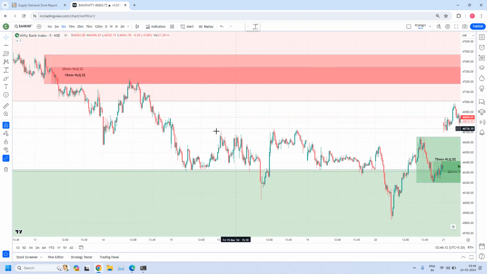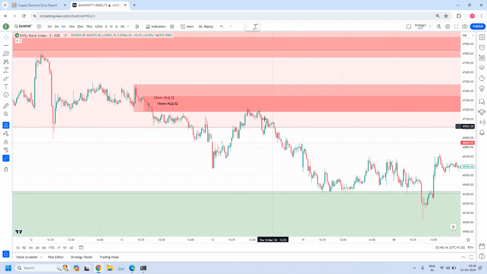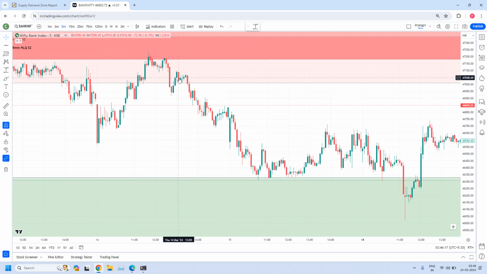So somewhere in this area. Yeah, 14.3, 35, 1, 2, 3, 4, 5. It considers this candle also, maybe it is not good enough for it.